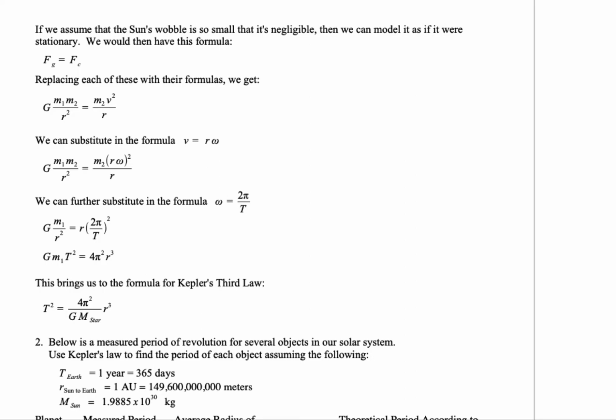Alright, next, what we want to do is we can assume that the sun's wobble is so small that it's negligible according to the calculations. And we can model this situation as if the sun was stationary. So it's like the Earth pulls on the sun in the same way that the sun pulls on Earth. And that was part of previous content.